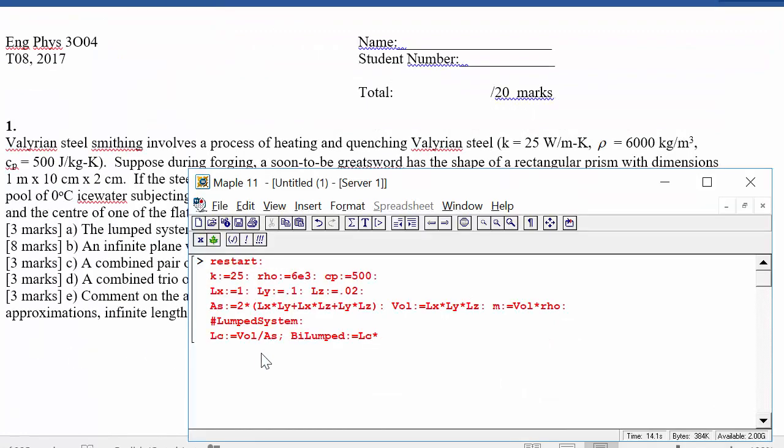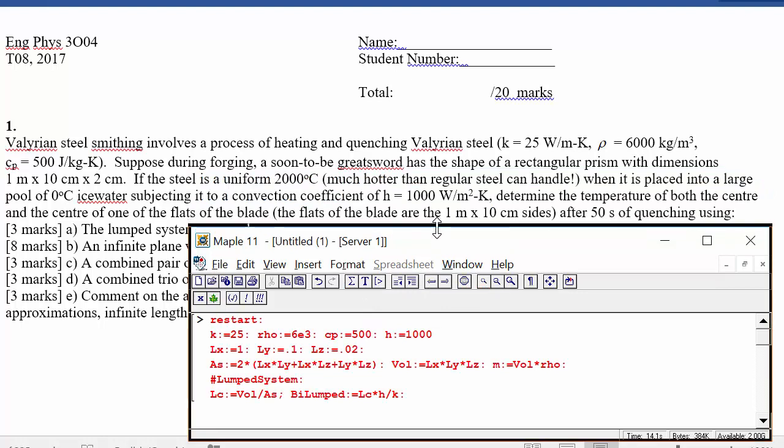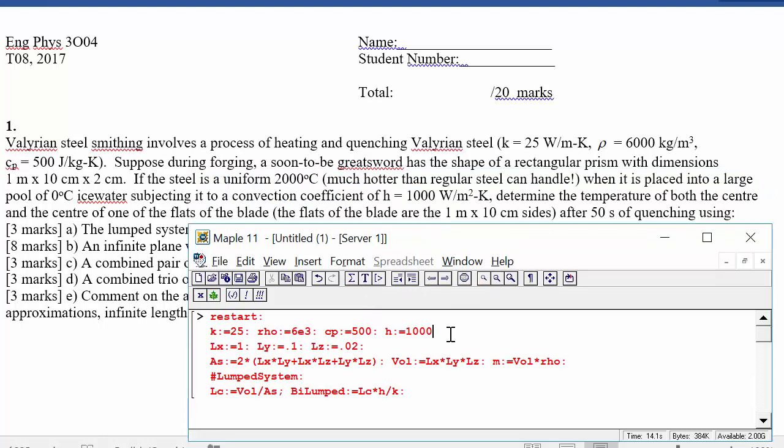And so we need to put in the convection coefficient. h is 1,000, I believe. Is that right? h is 1,000, yep. We can also put in the final time, which is 50 seconds. The free stream temperature is 0. The initial temperature is 2,000. Okay, so there's our Biot number.